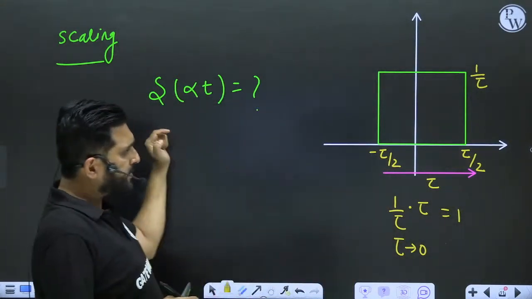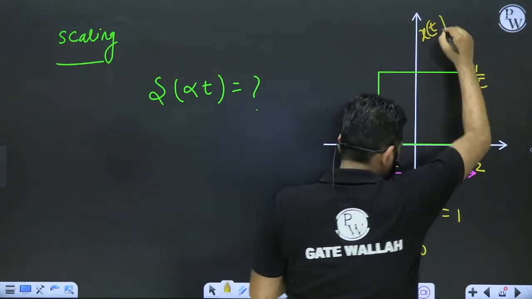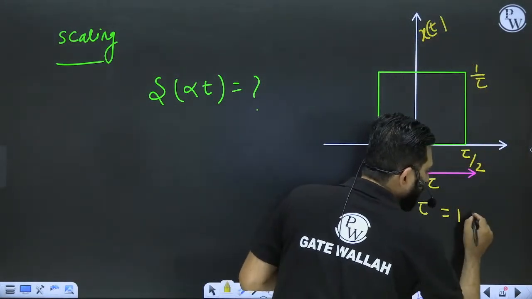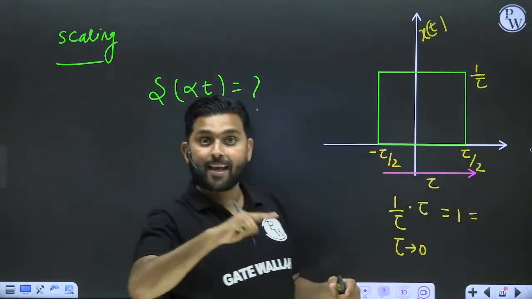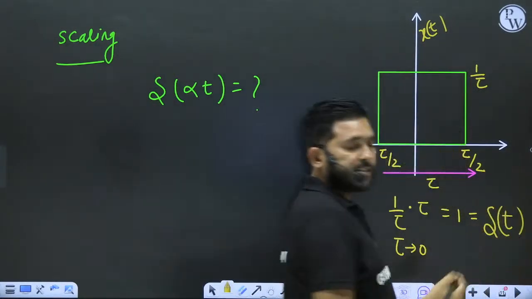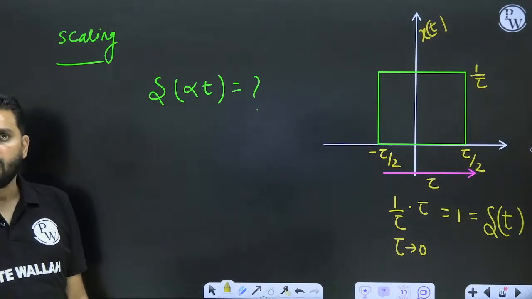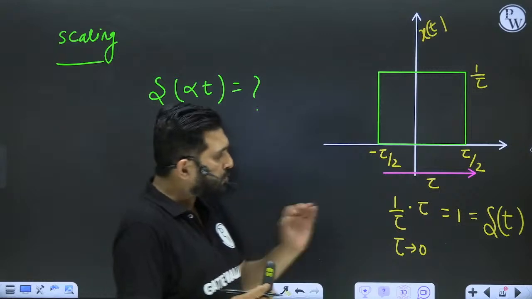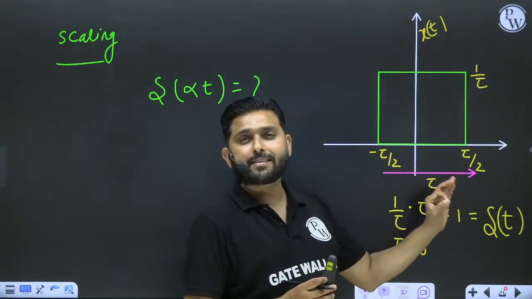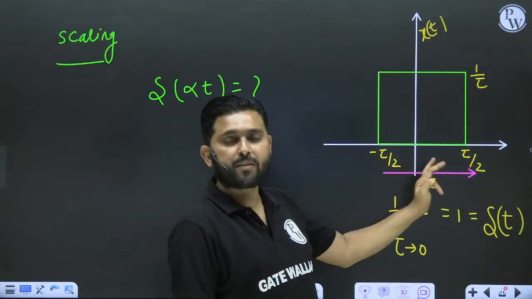Now consider this to be x of t. This area is 1, so I'm representing this area by an impulse function delta t, instead of writing it as 1. Now the question is, suppose I scale this function, then what will happen?